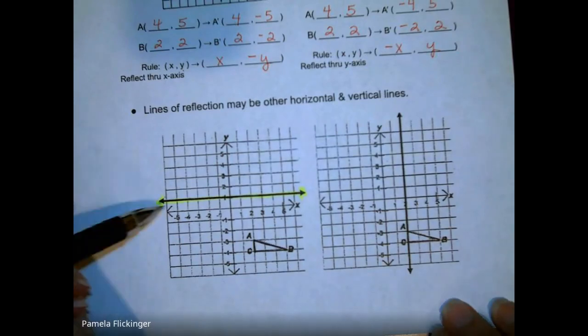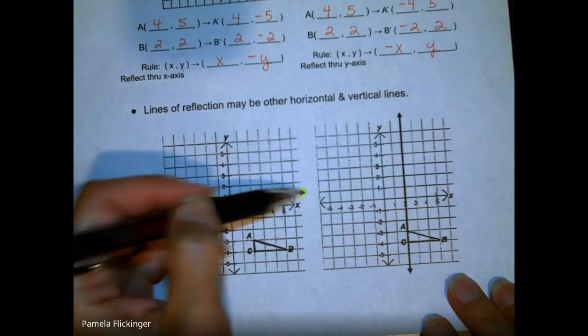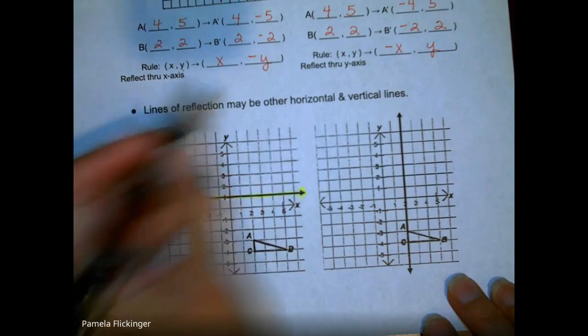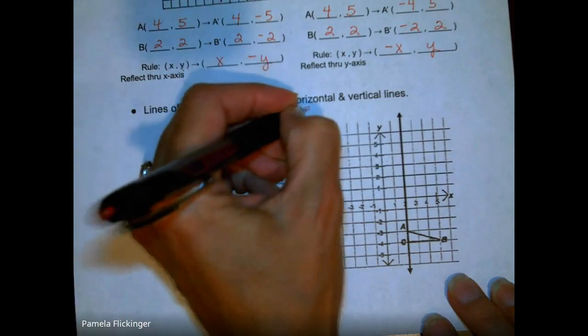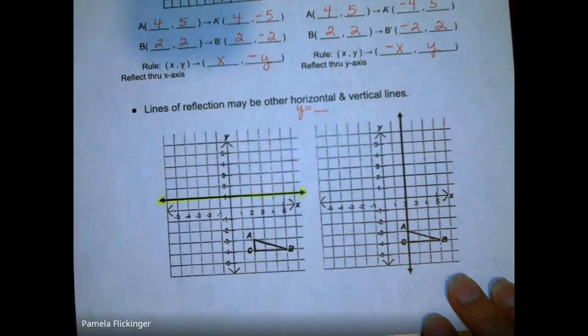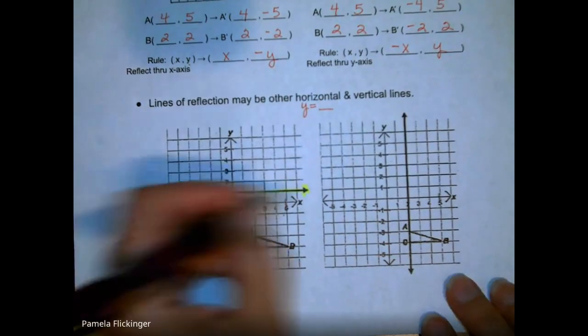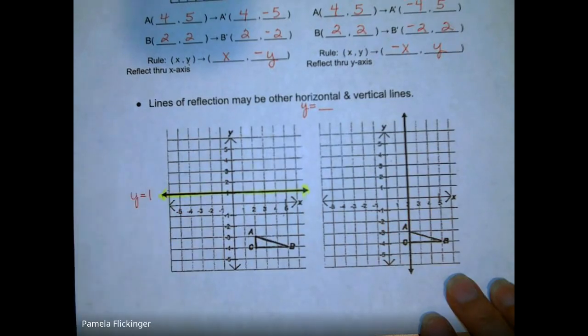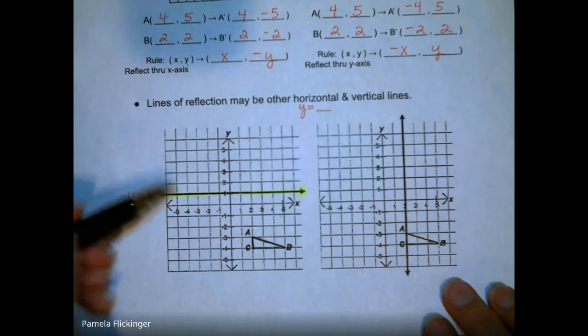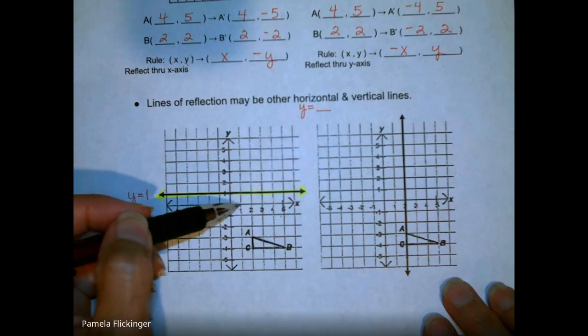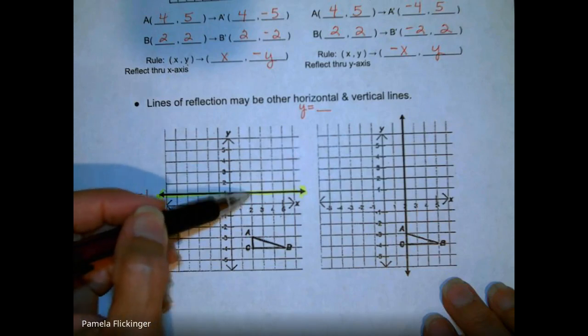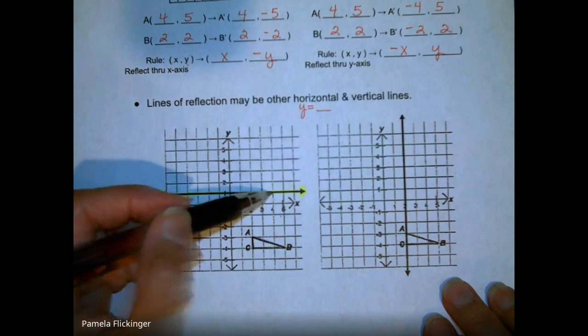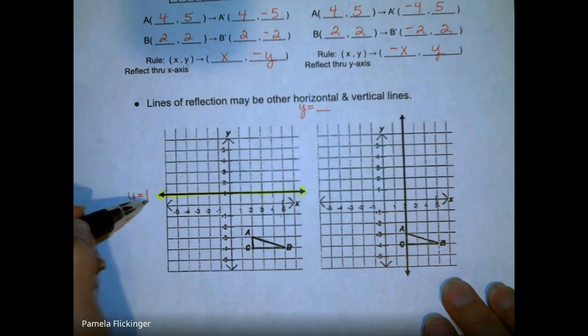Our horizontal lines, because they will cut through the y-axis, are always of the form y equals something. So in this case, this is y equals 1. If we looked at every point on this line, this will be (1, 1), (2, 1), (3, 1), (4, 1), and so on. The y is always 1.